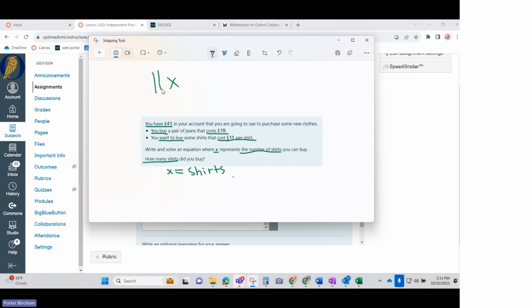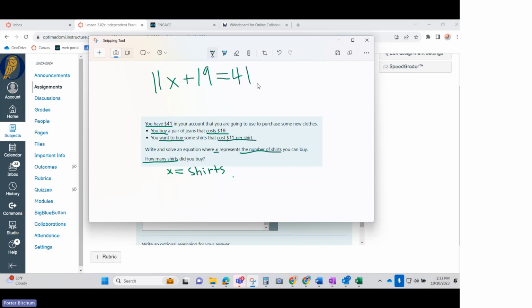So 11 times X. Then I would also buy a pair of jeans that would cost $19, and I would have 41. I don't have more than $41. I can't spend more than that. That's the max I can spend.